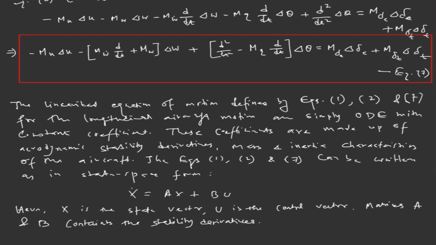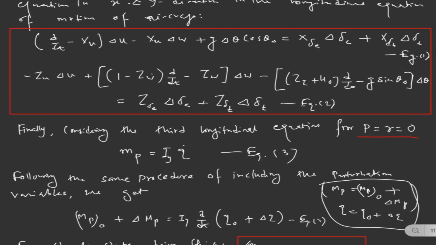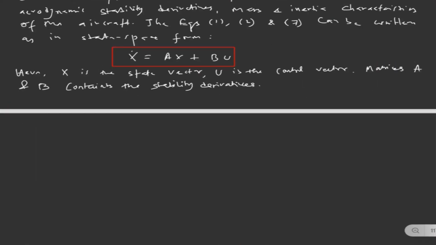Now, let's look further at how we can find the state space form x dot equal to Ax plus Bu. Let's look at equation 1. From equation 1, we can come up with the delta u dot form.